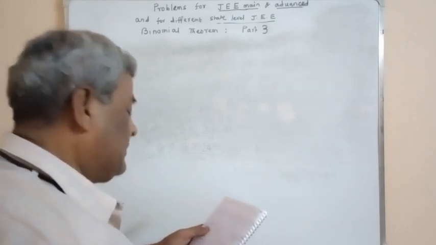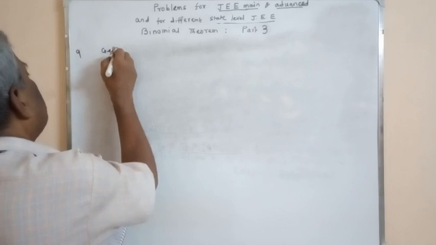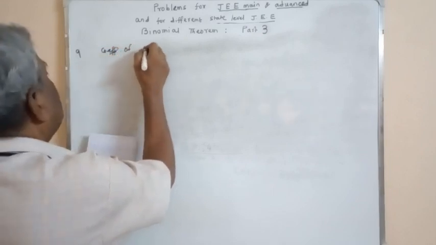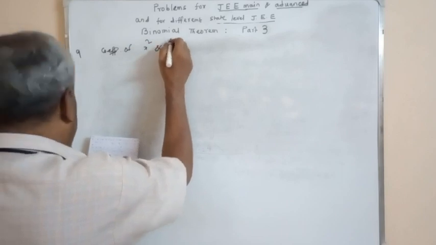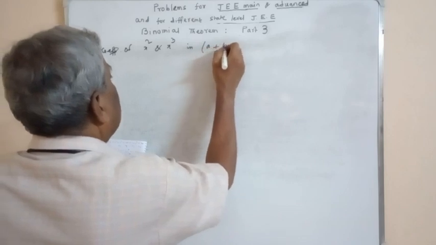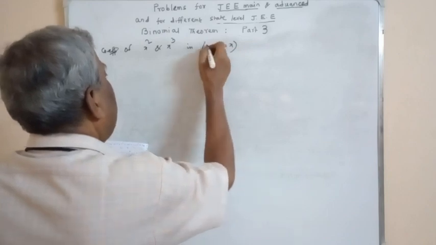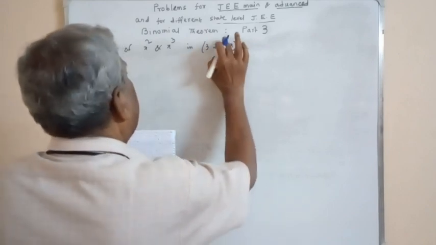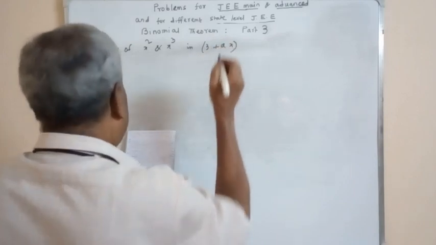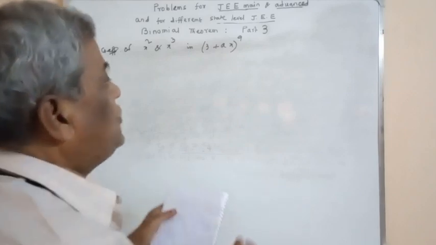First problem is problem number 9 of that chapter. The problem is: if the coefficient of x square and x cube in (a plus bx), (3 plus ax) to the power 9 be the same, then a is.